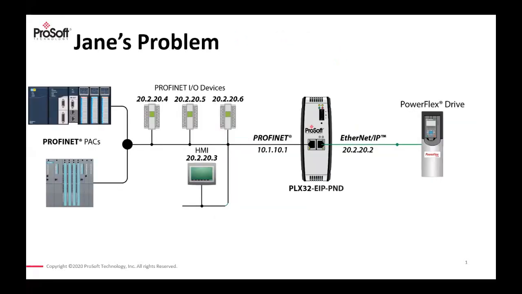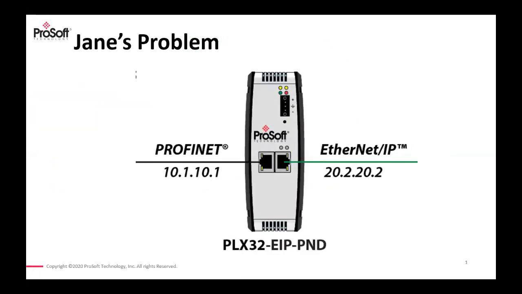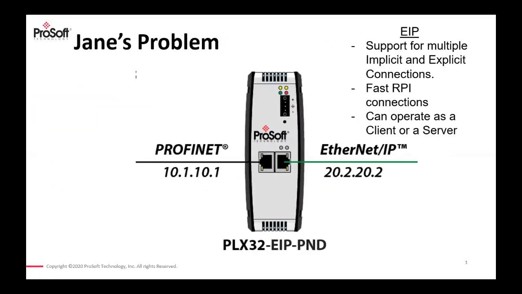So Jane is going to get their own different type of device. A device is going to sit between the PROFINET and the EtherNet IP network. On the EtherNet IP side, the device has to be able to support multiple explicit and implicit connections and fast RPI connections to send data back and forth at very high speeds, hence a very high bandwidth. It can also operate as a client and a server.